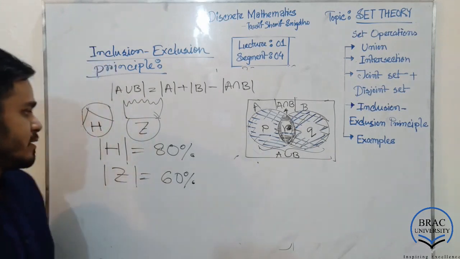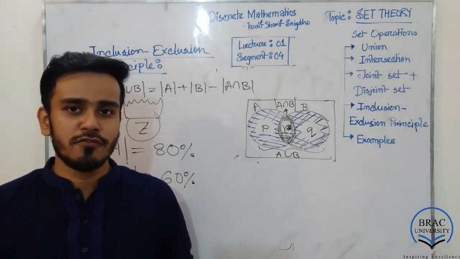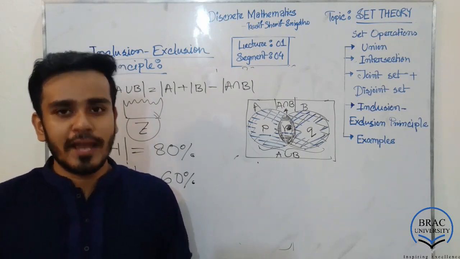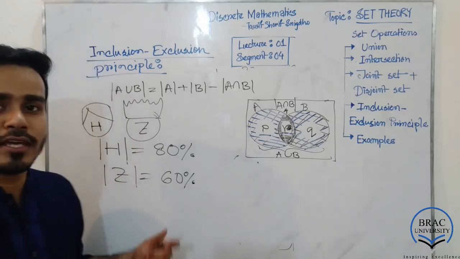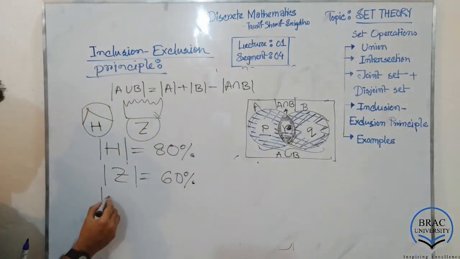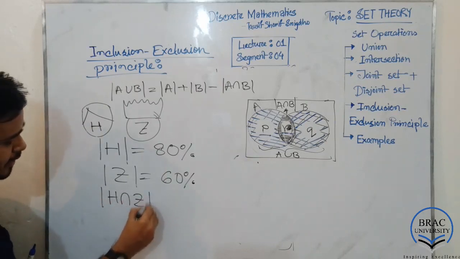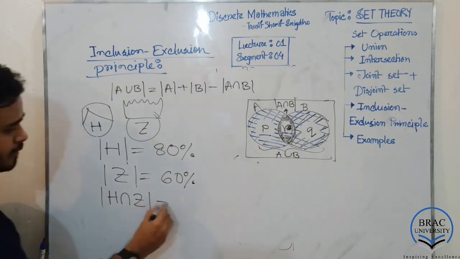It's also known that 40% of BRAC University students are fans of both hero alum and Zaid Khan. That is H intersection Z, the fans of both, whose cardinality is 40%.